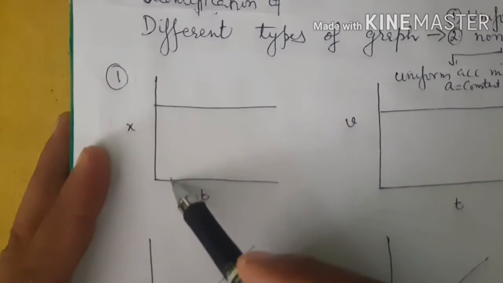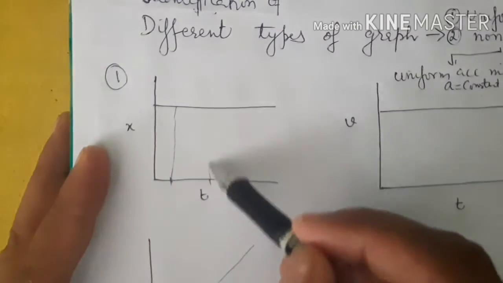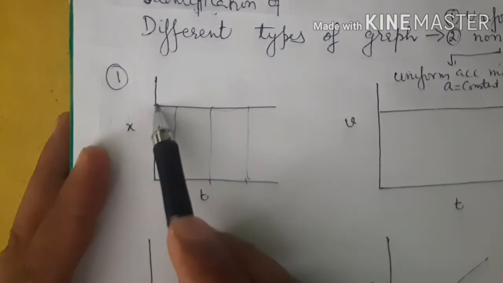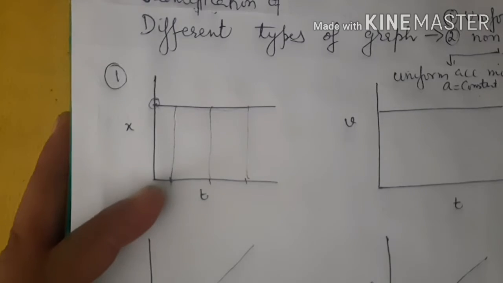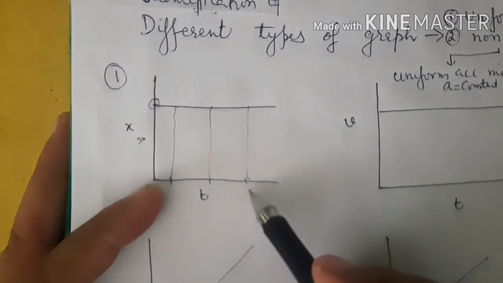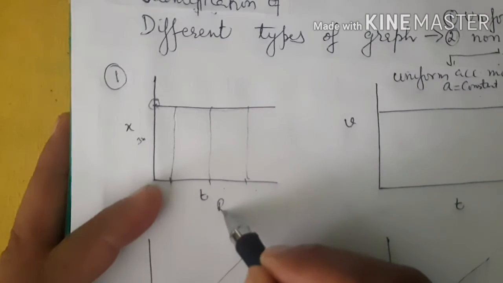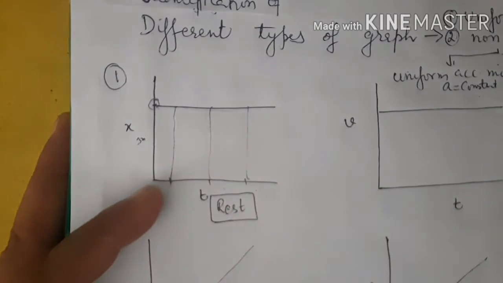This means that at different times the position of the particle is the same. That is, at t equal to 0 it was 30 meters, then after 10 or 20 or 30 seconds it is also 30 meters. This means that the body is at rest. So this is the kind of graph in which the particle is at rest.